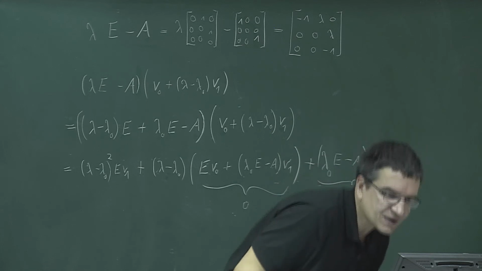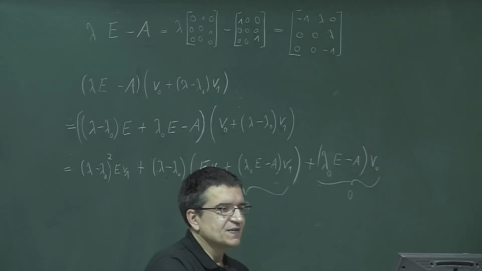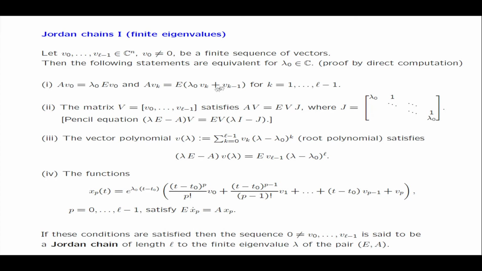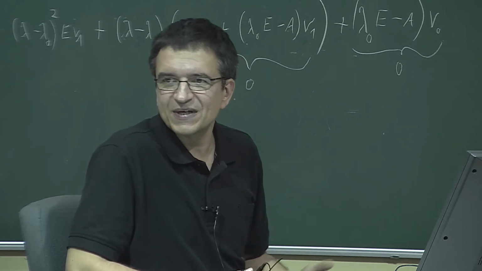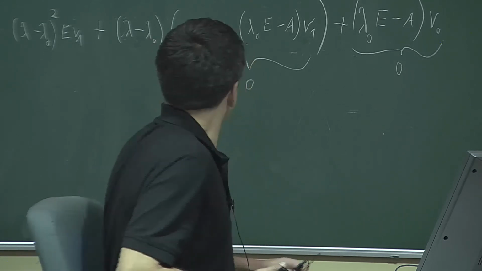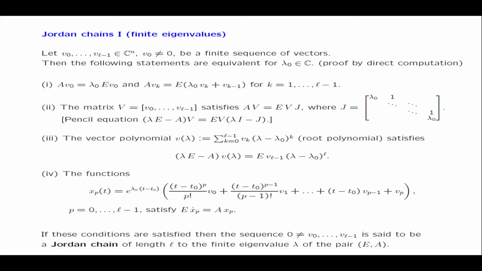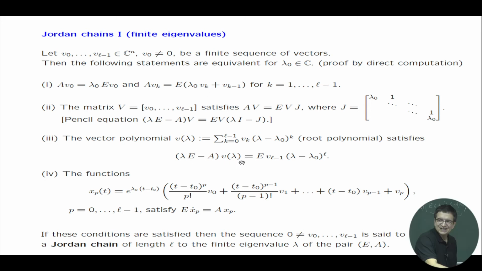This is equivalent to this relation here. So this means that v1 is a member of the Jordan chain which begins with v0. So actually we can put all our equations here into one equation for polynomials.